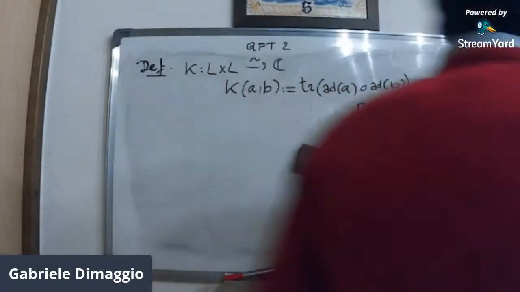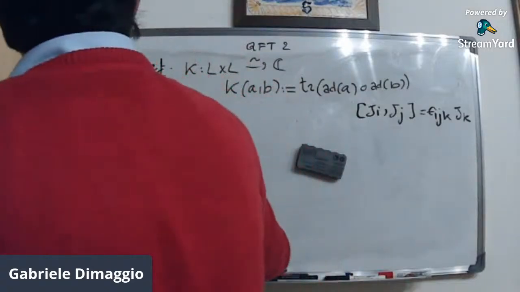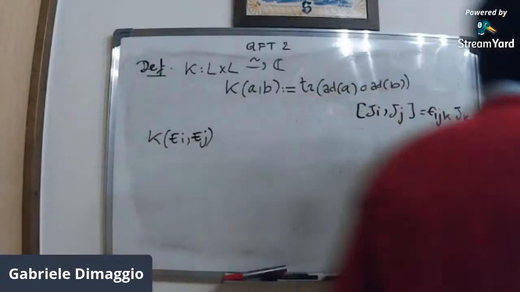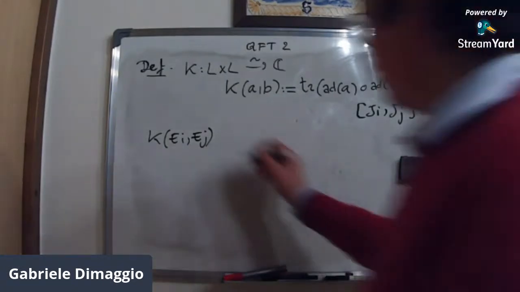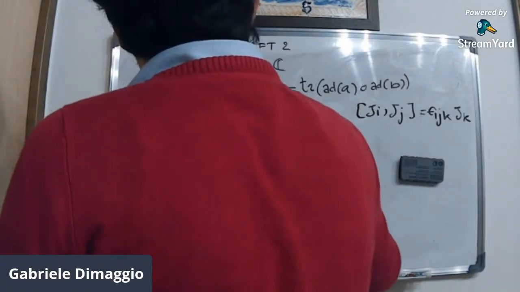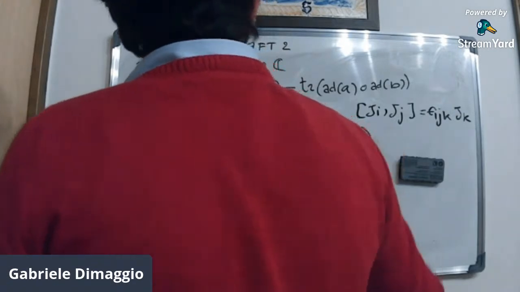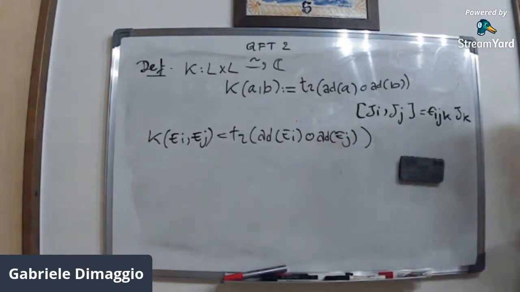We can take the Killing form of two elements of the basis, and so I have K(e_i, e_j). Okay, and this is of course the trace of a composition of maps.